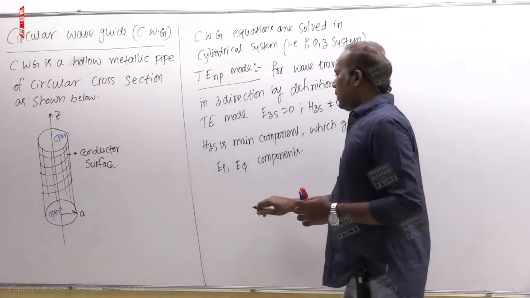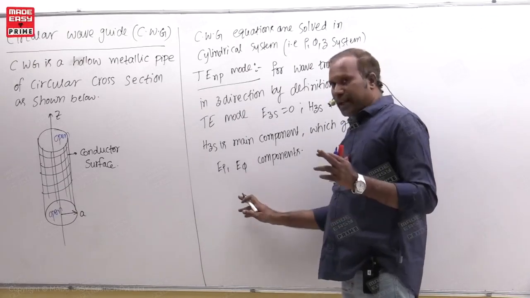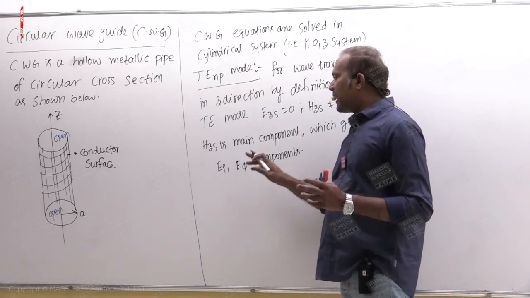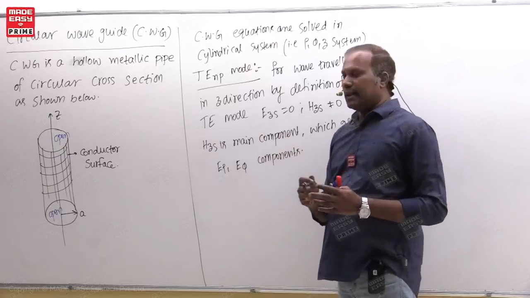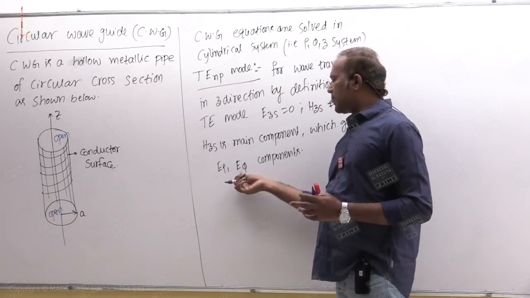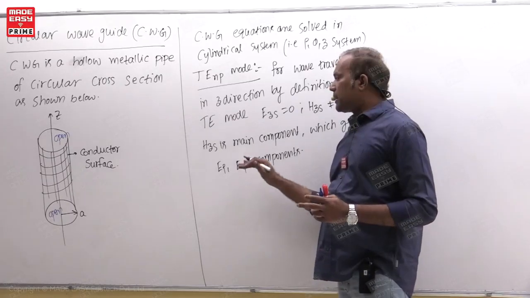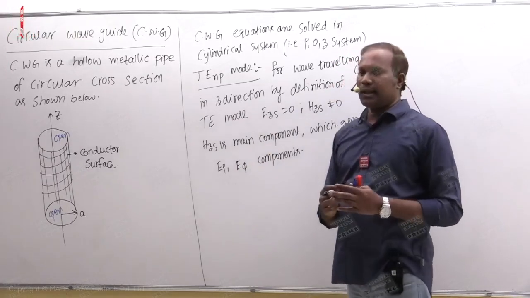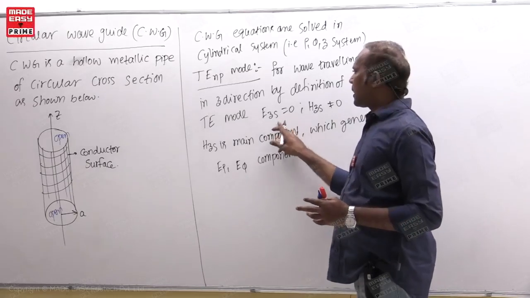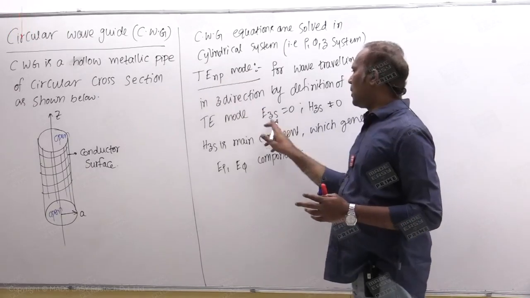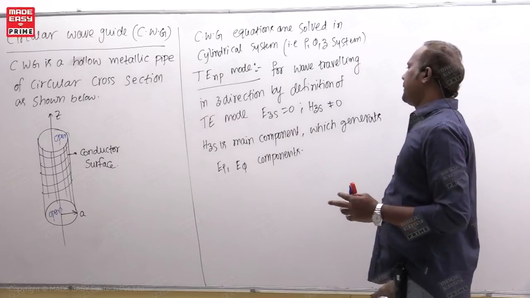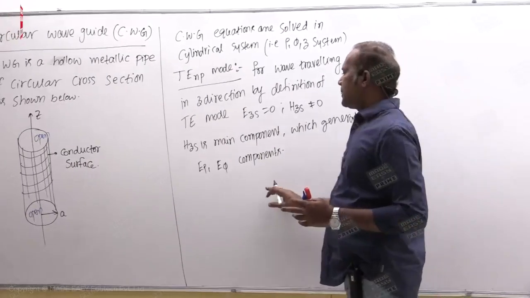Students, E rho generates H phi, then E rho and H phi carry the power in the z direction. Similarly, E phi generates H rho, then E phi and H rho components can carry the power in the z direction. But the electric field z component is not there, because by definition of TE mode, the electric field z component should not be there. So Hz generates these two components.